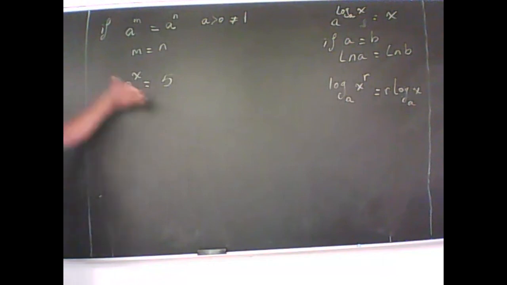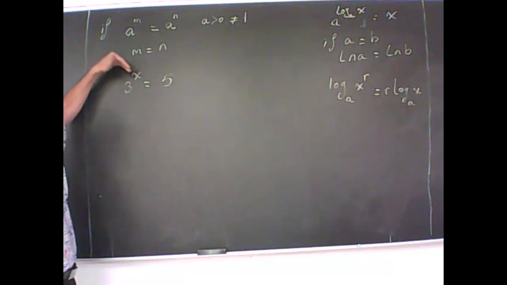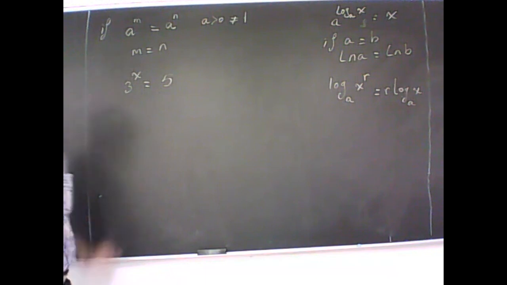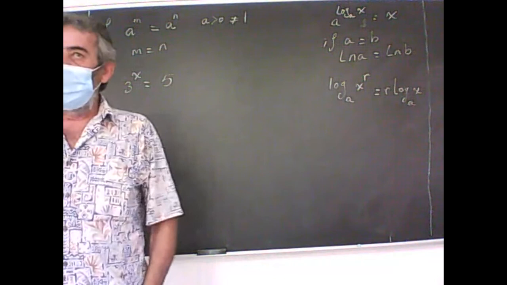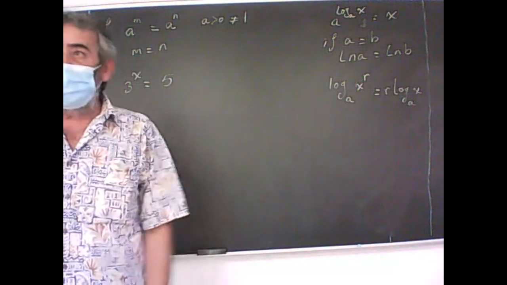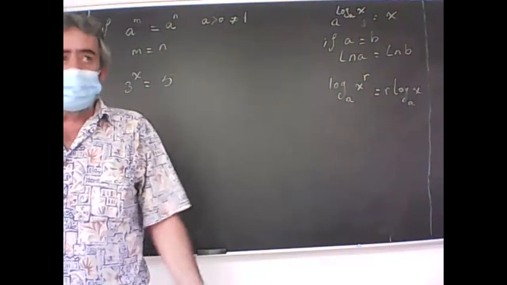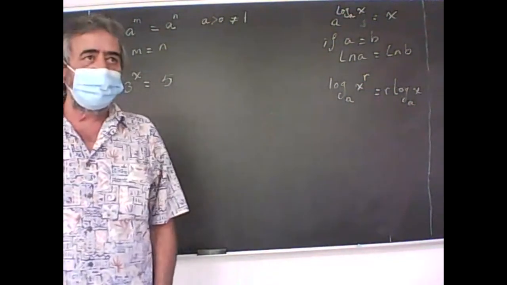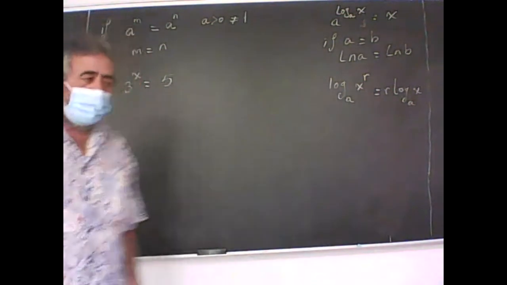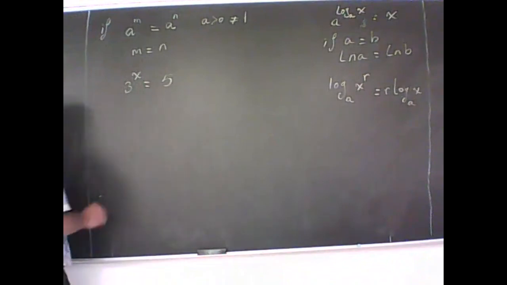So in order to solve this, anytime you have a variable in the exponent, to bring that down, you introduce a log. Whether you use log or ln, it doesn't matter, as long as you are consistent throughout. Okay? So let's use log.